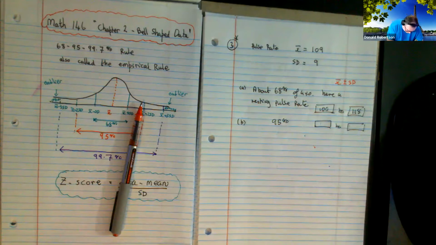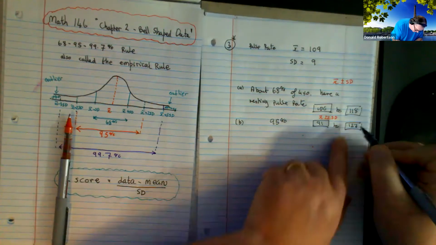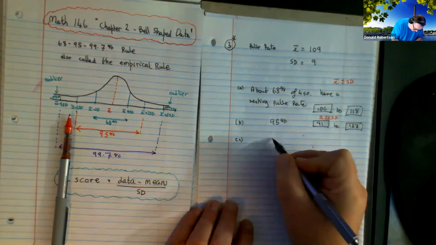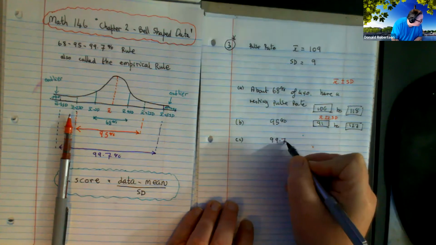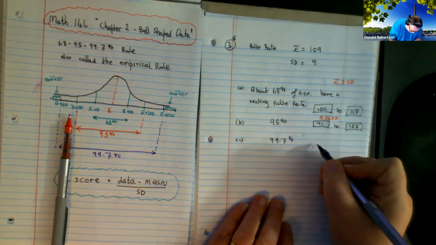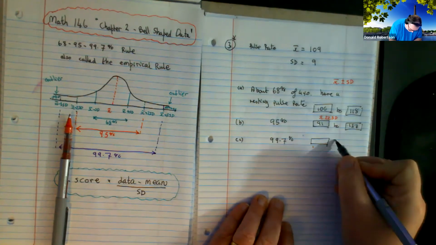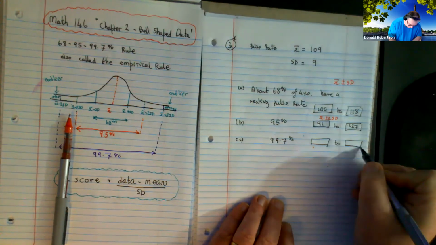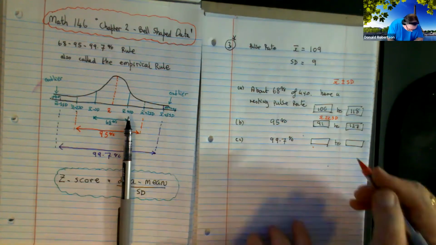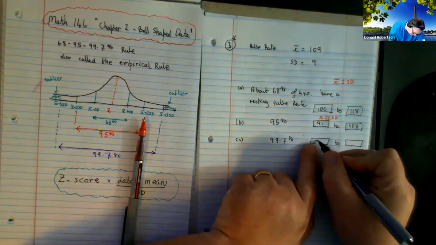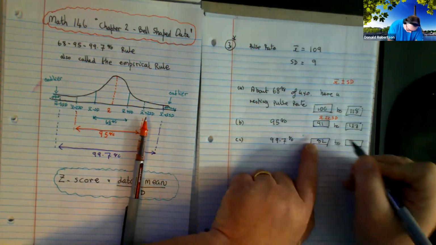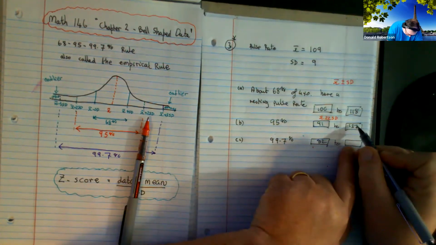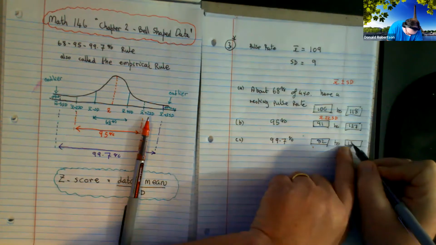So that one would get you 91, and this would get you 127. And just for completeness' sake, 99.7% of 4-year-olds would have a pulse rate somewhere in this range. On this side, it would be 82. On this side, it would be 136.